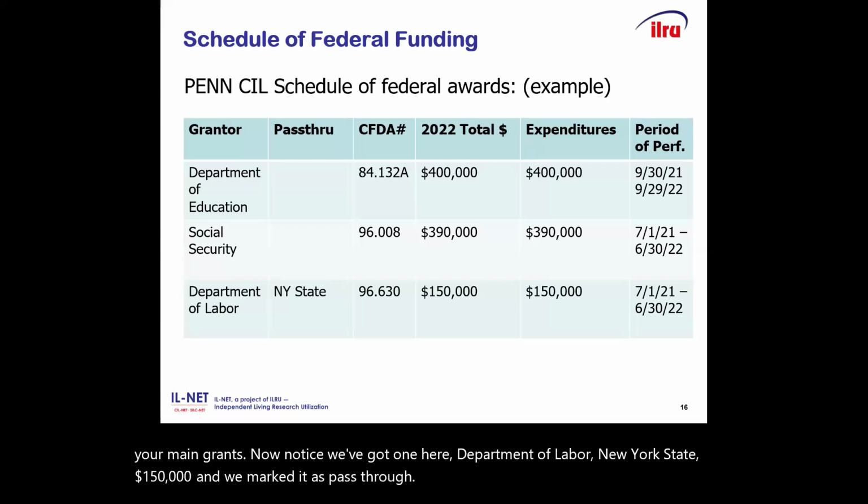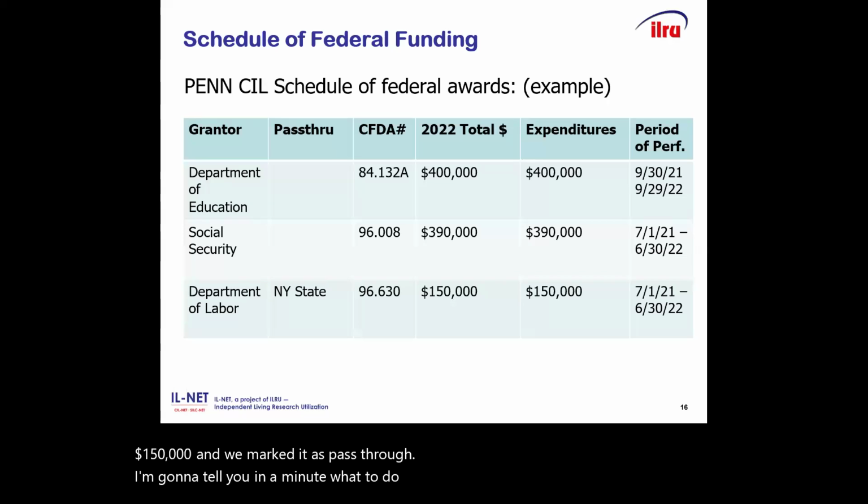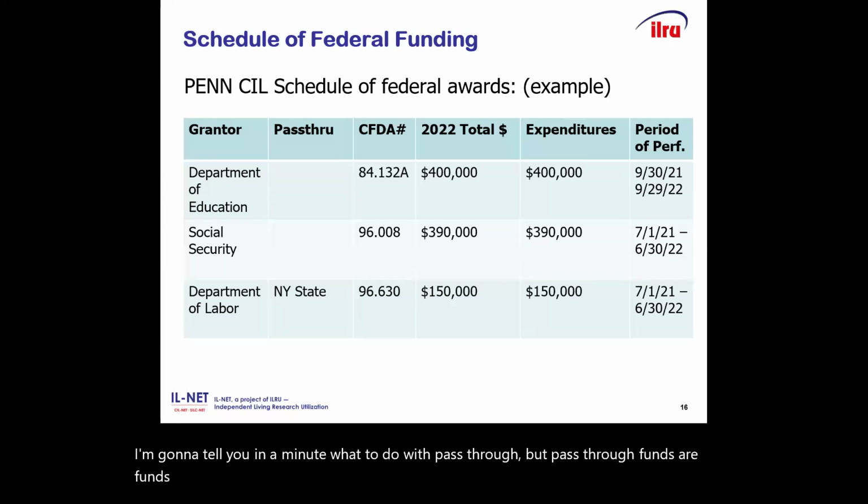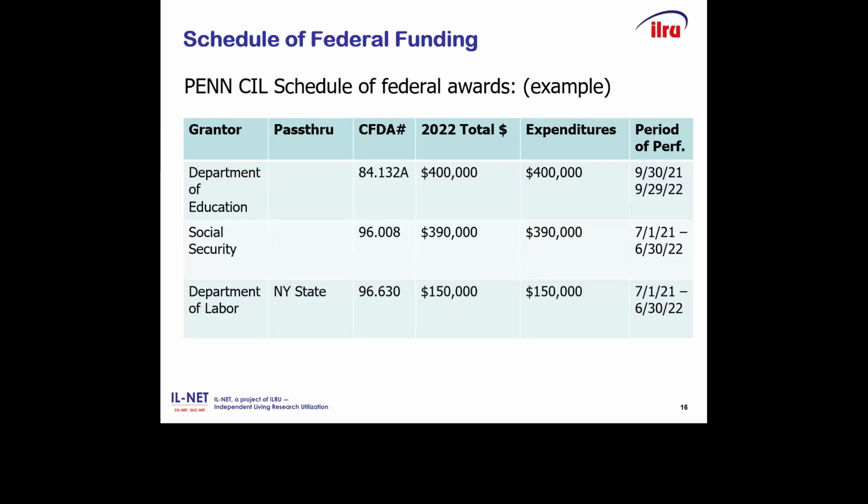I'm going to tell you in a minute what to do with pass-through, but pass-through funds are funds that didn't really come to your center. So you don't really charge indirect costs because you're just passing the money on. One example would be if you manage a Section 8 existing housing program. People come in and they apply, and that's all part of independent living, but the actual management of that program is passed through to them. They're the ones who get the rent, they and the landlord.